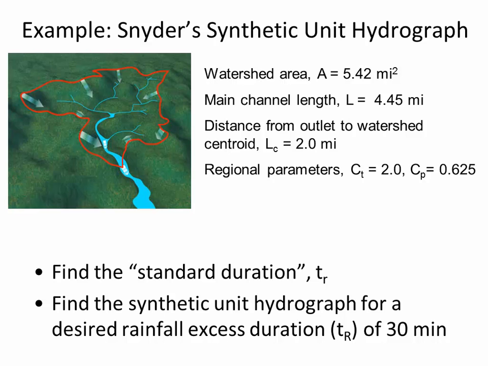And then T sub P is T sub R divided by 2 plus T sub PR. So the T sub R that we had gotten earlier, half-hour storm duration.